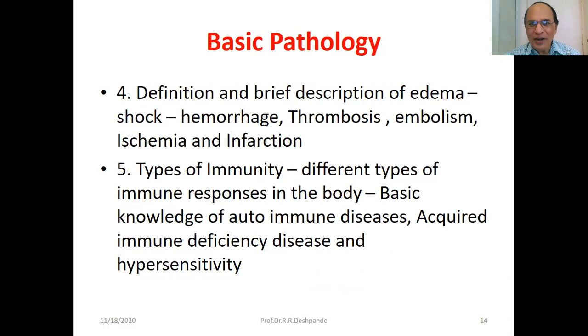Basic pathology, 4th point, definition and brief description of edema and shock, hemorrhage, thrombosis, embolism, ischemia and infarction. Do you know very simple differences? Thrombosis is a stable clot of the blood which is stationary at one place. Embolism, moving clot of the blood.